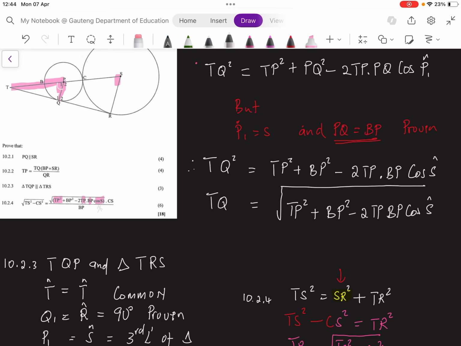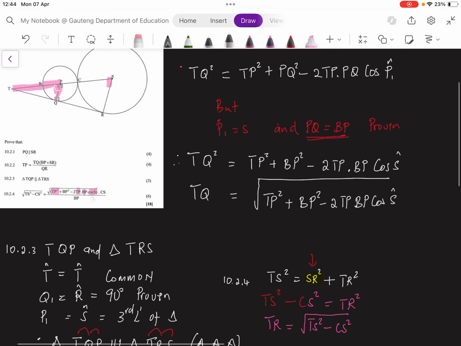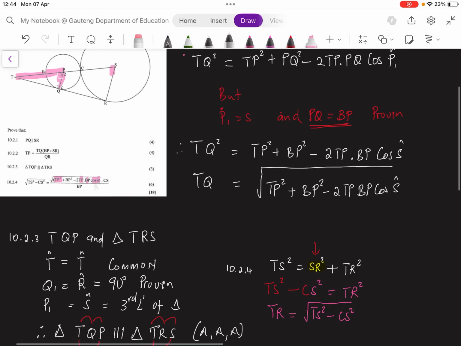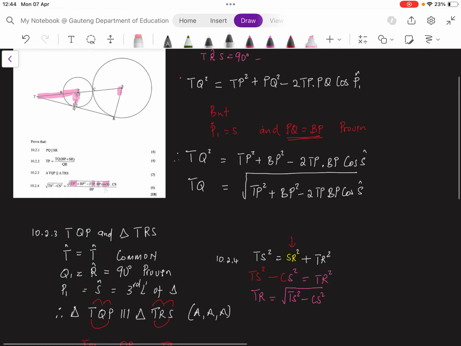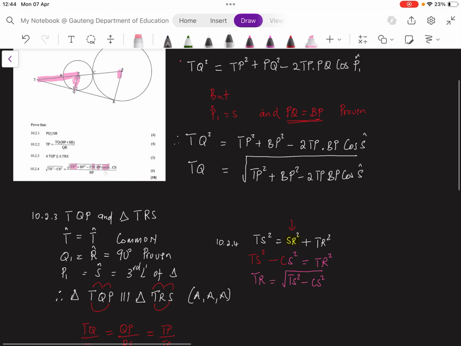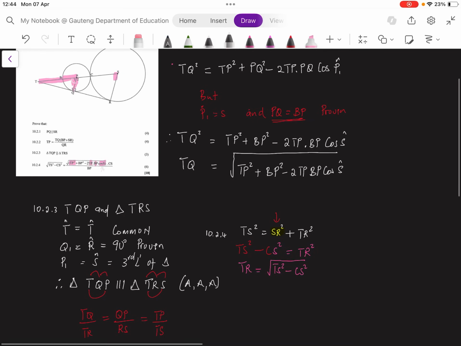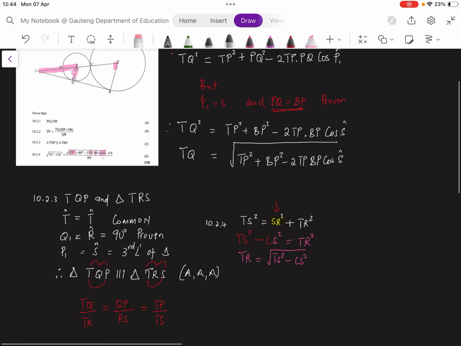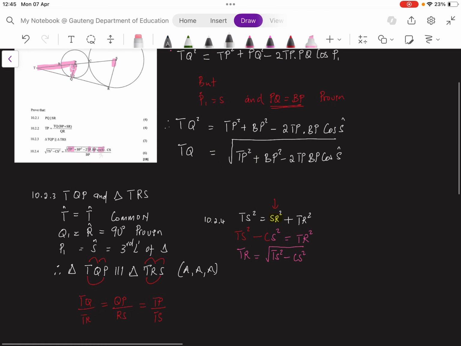Okay, let's see where we are heading. This one is not easy, to be quite honest. Okay, we are almost there. But now we still need this BP and CS. Let's go back to our ratios again. We have TR, there is TR. We have TQ, there is TQ. We also need BP.